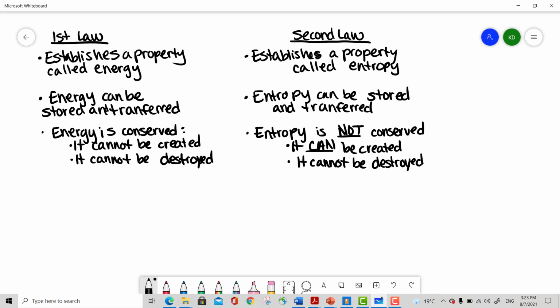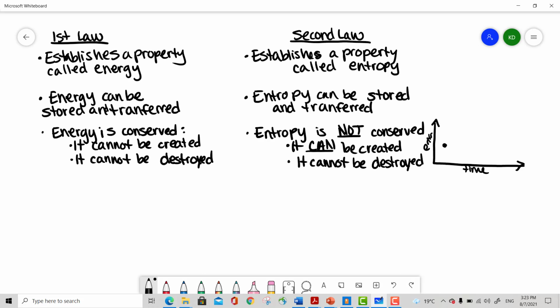So I want to pause here and take a moment to talk about entropy. So entropy is not conserved, okay? It can be created. It cannot be destroyed. So if you have entropy here, on an XY graph, and let's say this is entropy right here, and this is time.